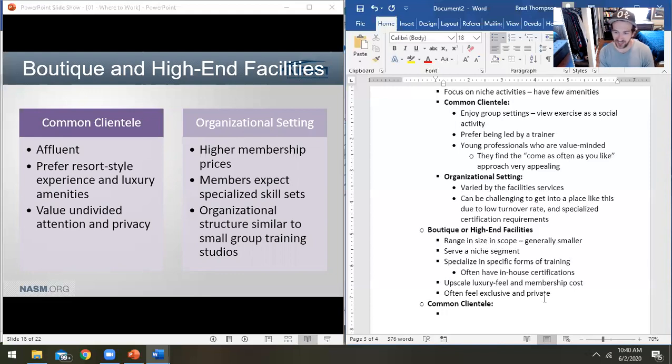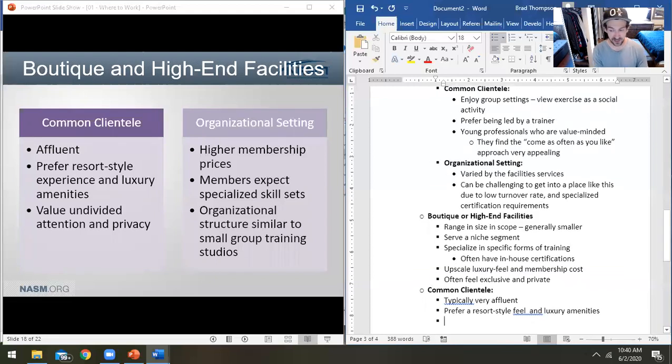Bougie, typically very affluent. These are usually people who are doing pretty well financially. They prefer a resort style feel and luxury amenities. And a big thing here is they value undivided attention.